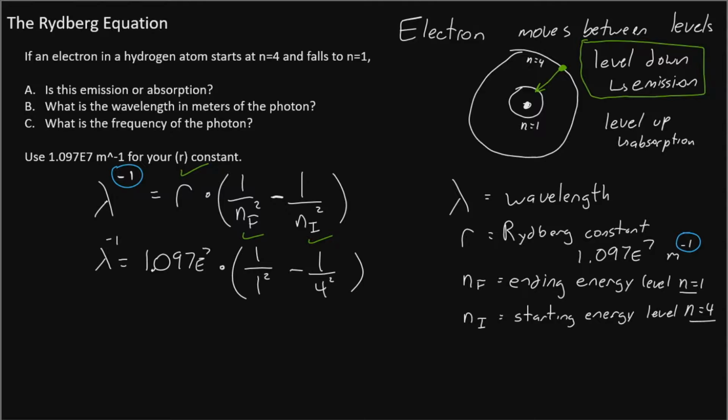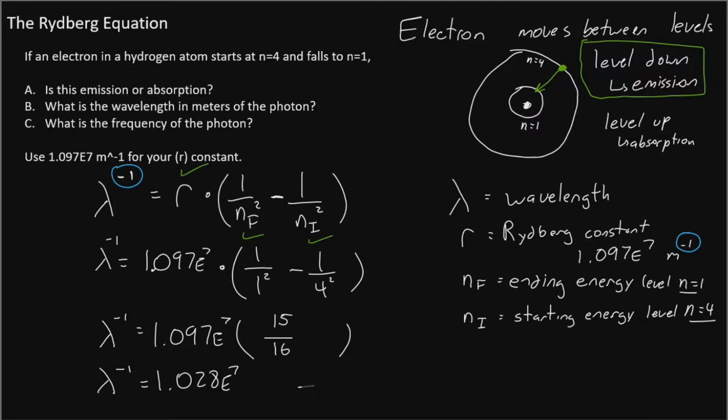If we take these parentheses and take 1 over 1 squared and subtract 1 over 4 squared, we will end up with 15 over 16. Now we'll need to multiply the 1.097 times 10 to the 7th times 15 over 16. We'll end up with 1.028 times 10 to the 7th is equal to wavelength to the negative first.